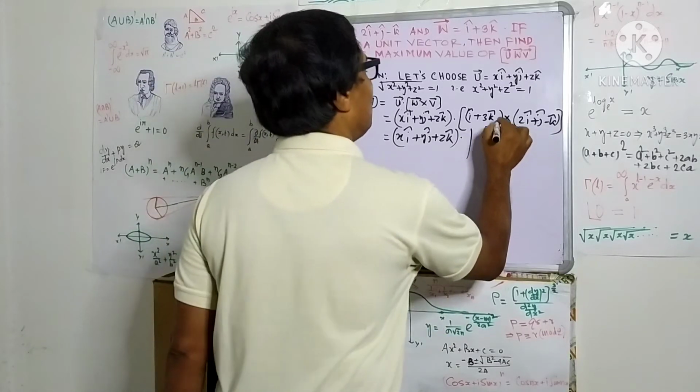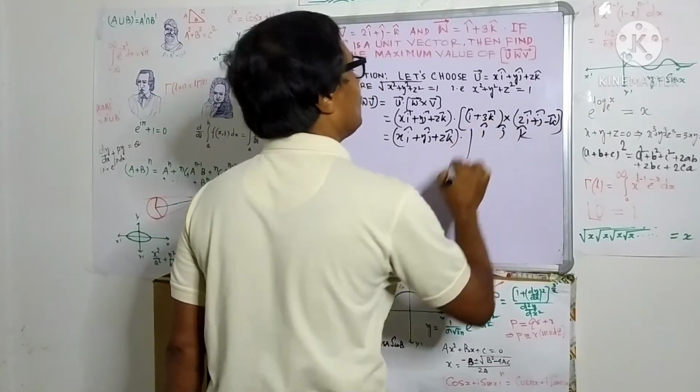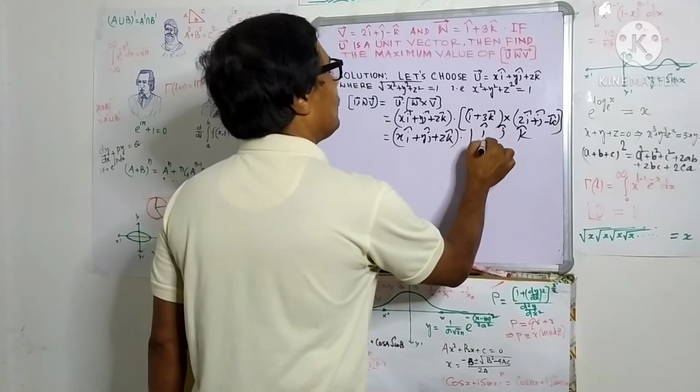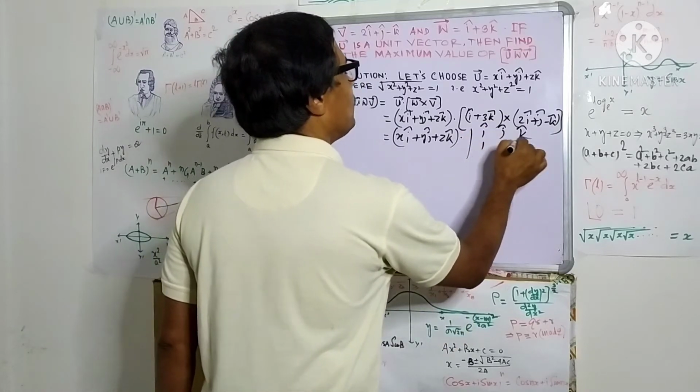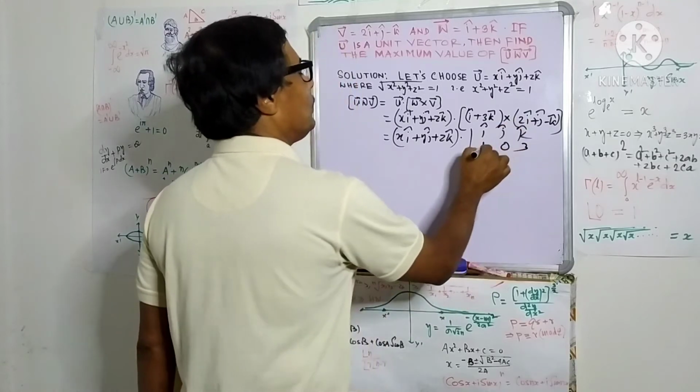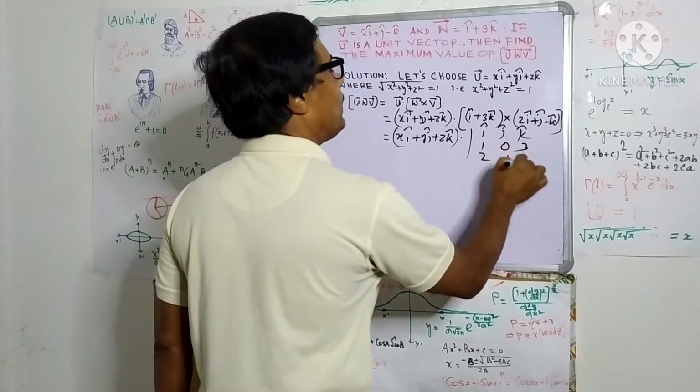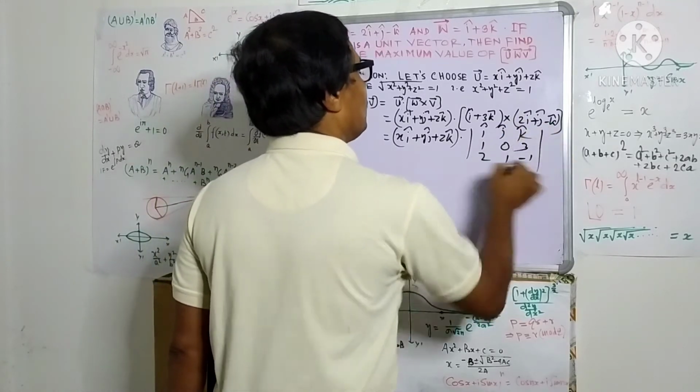i j k, 1 0 3, 2 1 minus 1. This is the determinant.